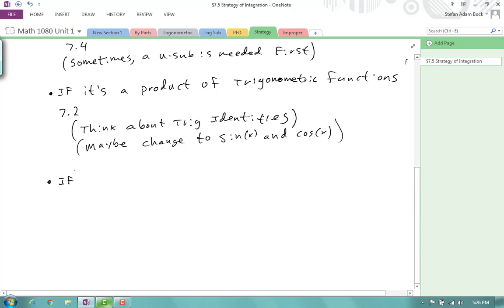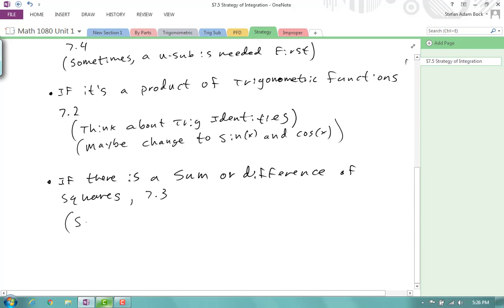If there is a sum or a difference of squares, then chances are we're going to be doing a 7.3 problem, trig substitution. Sometimes you might have to make a sum or difference of squares.